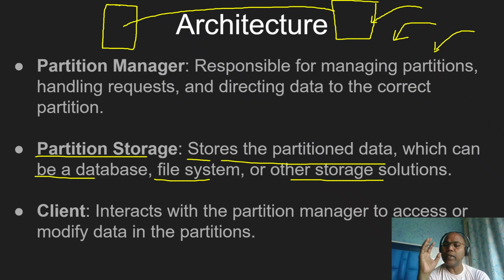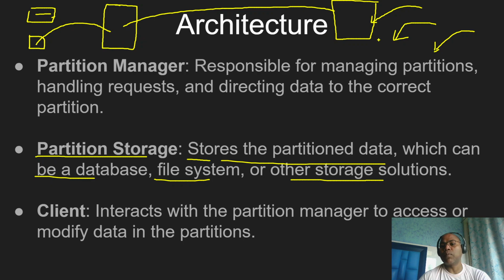So here a partition is not specific to a database. Let's say customers are uploading images, photos. Photos are not stored in the database, generally in a file system, block storage. Let's say on YouTube or Instagram, millions of people are uploading videos. Videos are not like database data.